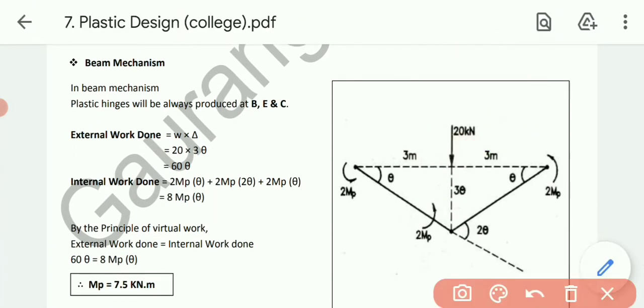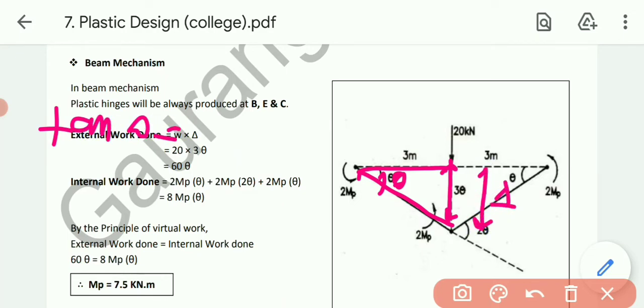So first, this one, the central point load. The theta will be equal on both sides, as the central point load is there. Talking about deflection, let's take any of the triangles: tan theta equals this deflection divided by the span, which is 3 meters.